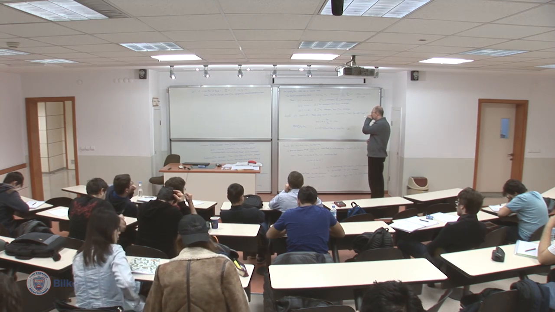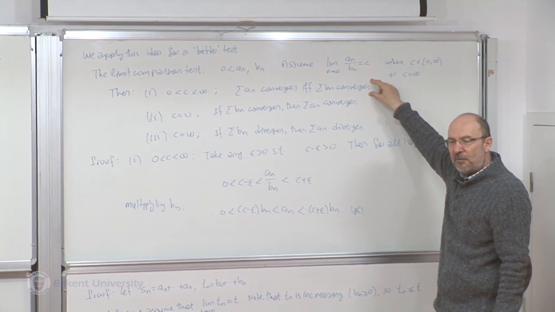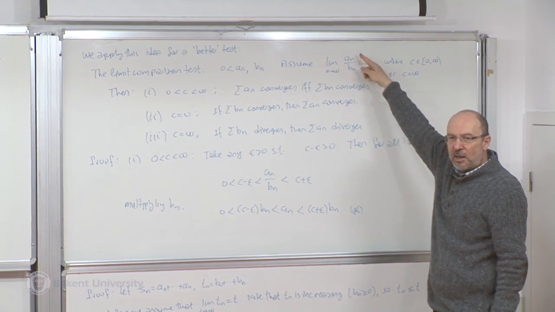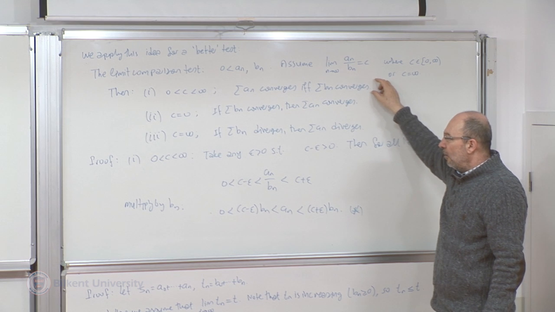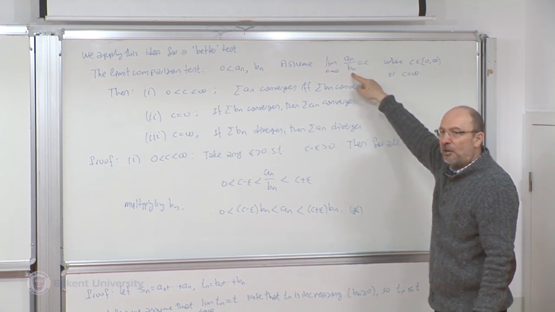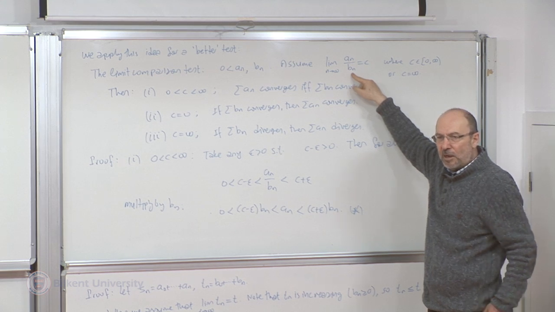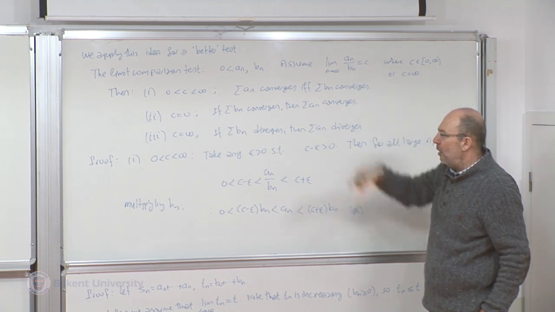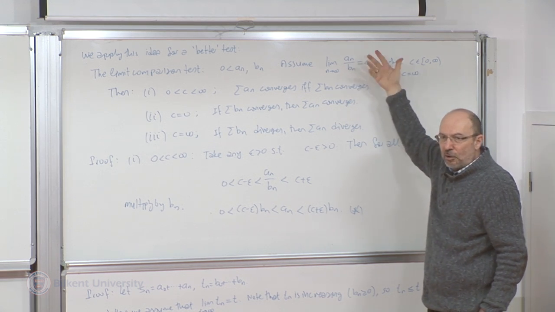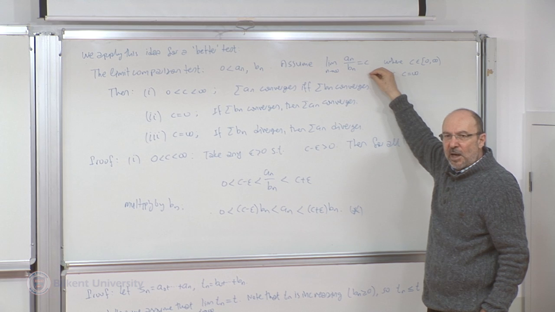So how do you remember these things? This part is easy. If it is not 0 or infinity, then whatever Bn does, An does the same thing. If the limit is 0, you will say yourself that this ratio is less than 1 for large n. Then that inequality will give you that An is less than or equal to Bn. I don't know what An is doing if the series Bn is diverging.